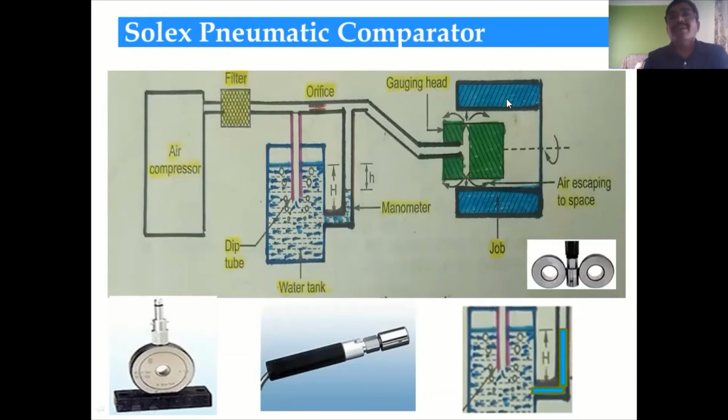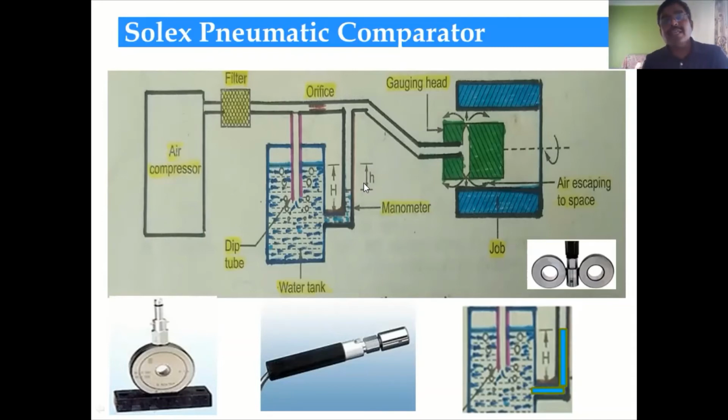So I'm inserting this plug gauge into the component. When I insert it, if there is a variation in the component, naturally the back pressure will be generated, and that back pressure will push the level of the water in the manometer tube as shown in the diagram here, right? Which is shown by the HR.